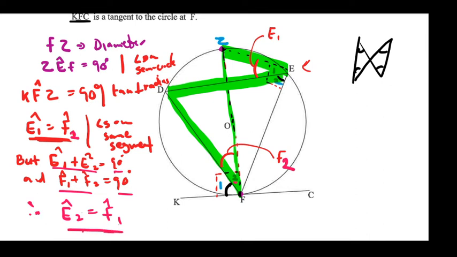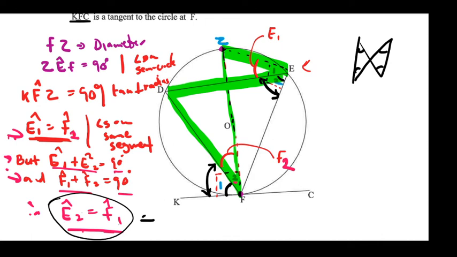Because we've concluded from this statement here and these two statements that I've just written here, you can see now that this is what we are actually looking for. F1, which is this one here, and E2, which is this one here.